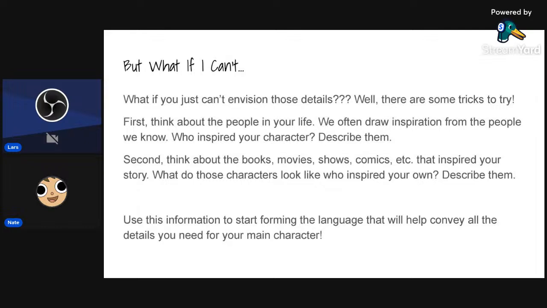Like you have to adapt them into the character that the world needs, not the character your middle school best friend wants you to write, or just putting them in the story.